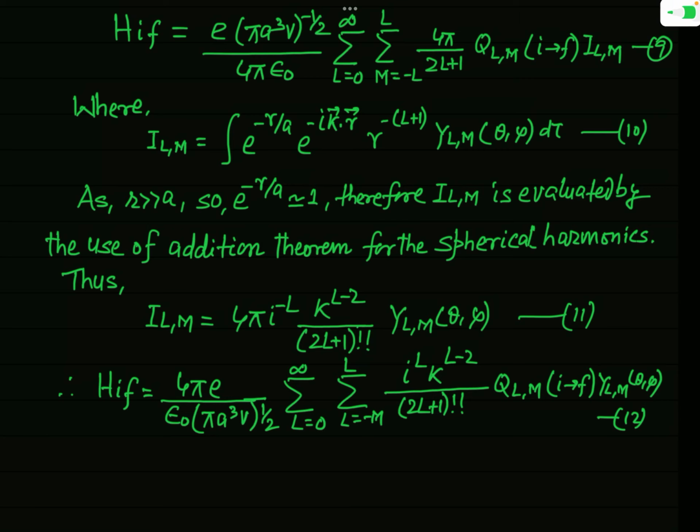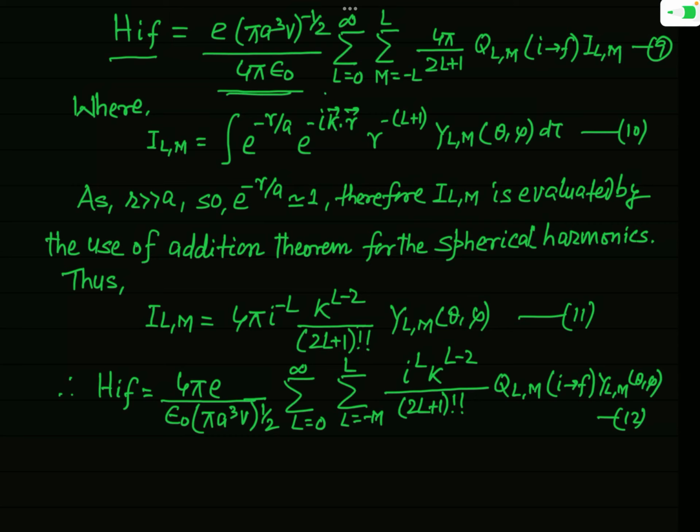After substituting those two values from the two equations, H_IF is obtained as e times pi a cube V whole to the power minus half, 4 pi epsilon naught. You can check it by substituting in that equation. I am not turning the page and writing here directly.